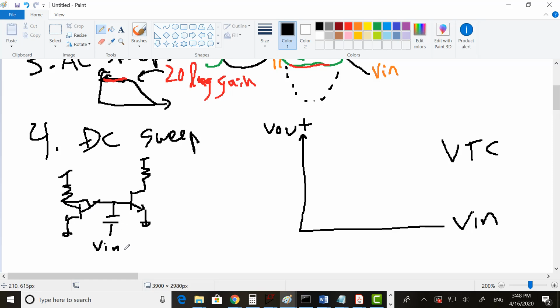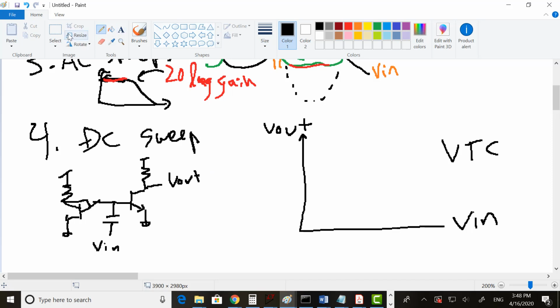Doing a DC sweep means it puts a DC value on here, sees what V out is, then puts a different DC value on here and sees what V out is. So each time you're actually doing a DC simulation, and that means this will be open circuited, and your V in will never get to the input of your amplifier.